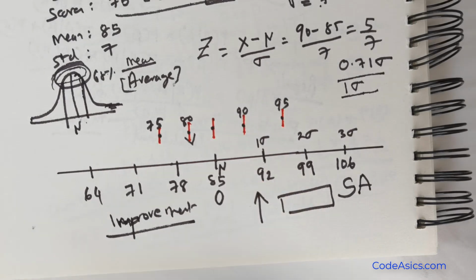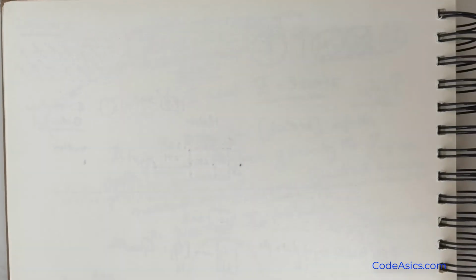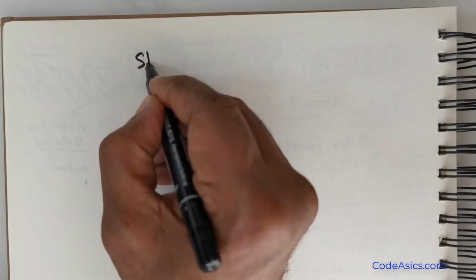Now I would give you several applications in this class, so that will help you to gain a fairly good competence in this topic. So let me move on. Now the next important application of z-score is what is called standardization.